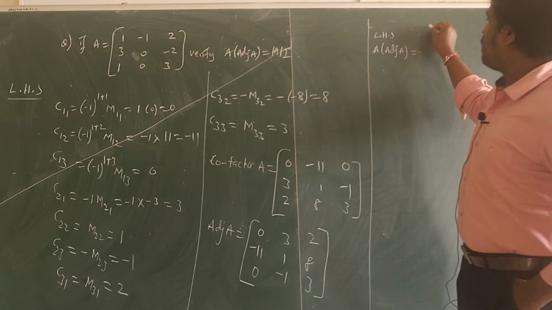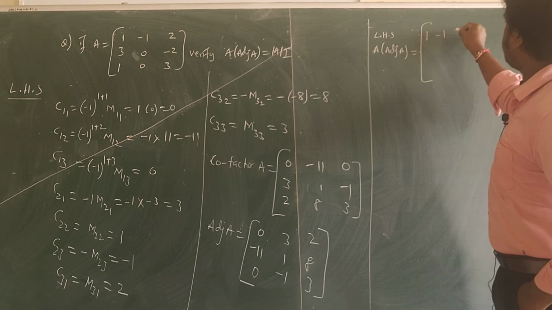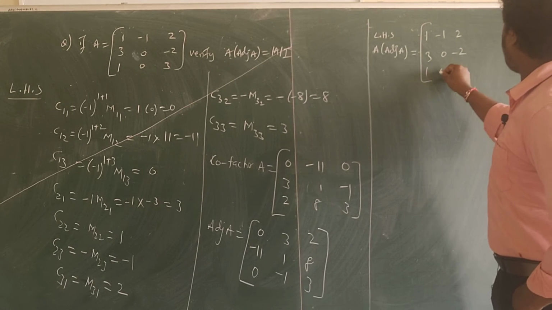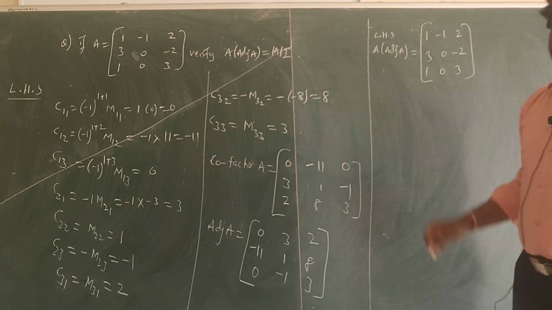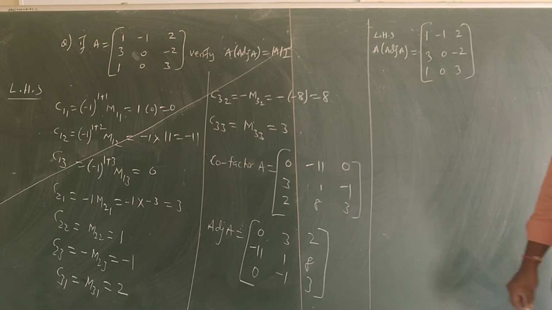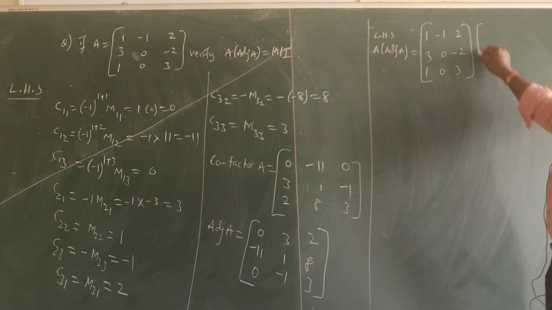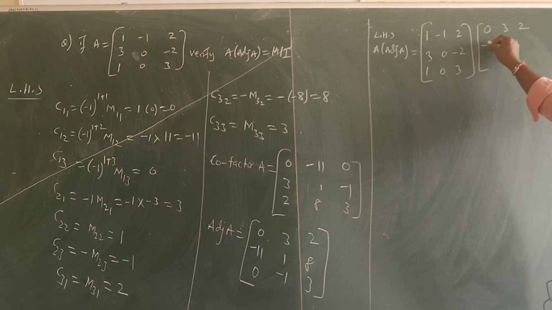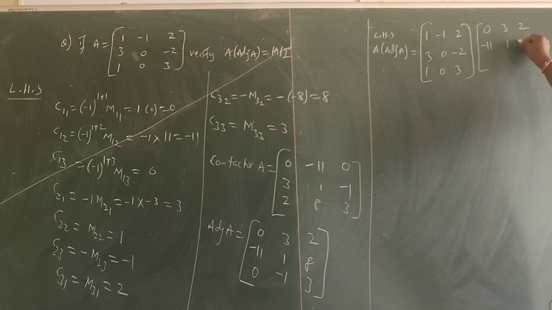What is A here? 1, minus 1, 2, 3, 0, minus 2, 1, 0, 3. Right? Into adjoint of A. What is adjoint of A? 0, 3, 2, minus 11, 1, 8, 0, minus 1, 3.